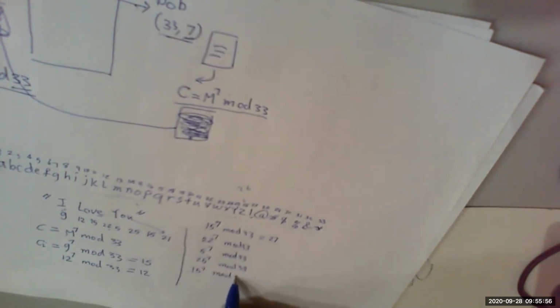Let me write them all: 5 to the power 7 mod 33, 25 to the power 7 mod 33, 15 to the power 7 mod 33, and last, 21 to the power 7 mod 33. This will lead us to 22.